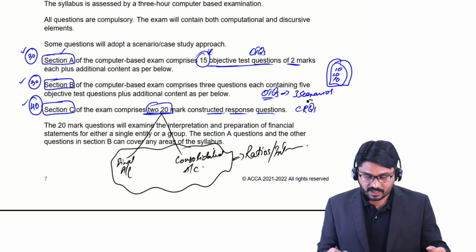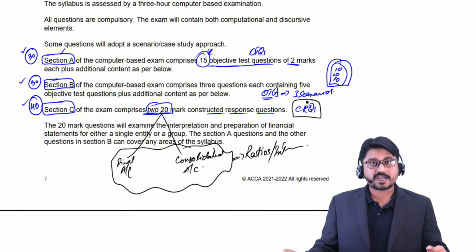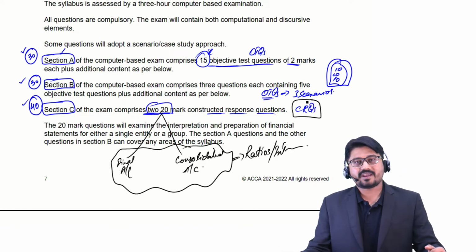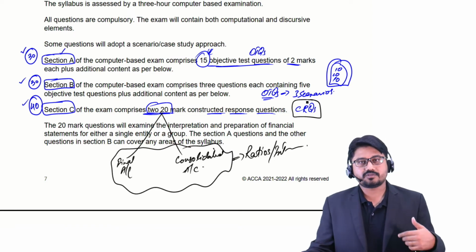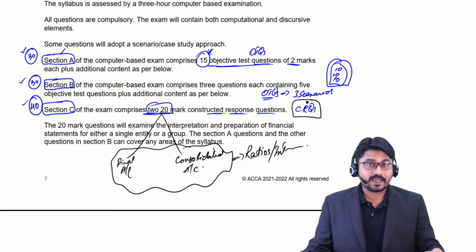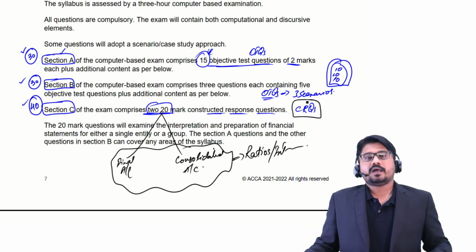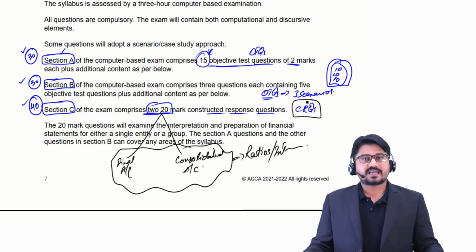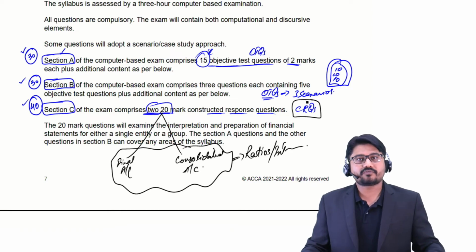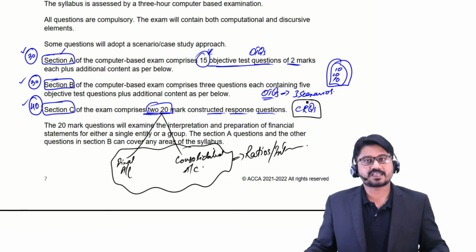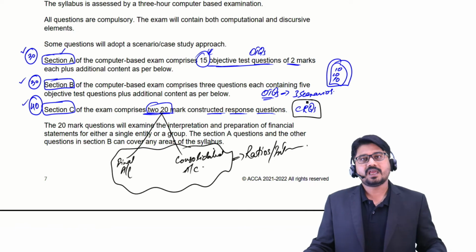You have to construct your answer using a spreadsheet, and if there is any theoretical question, you have to answer using word processing. Hopefully you are very much clear with the paper format. Summarizing the paper format, three sections are there. The first two, Section A and B, are of 30 marks each, and the last, Section C, is of 40 marks in total.